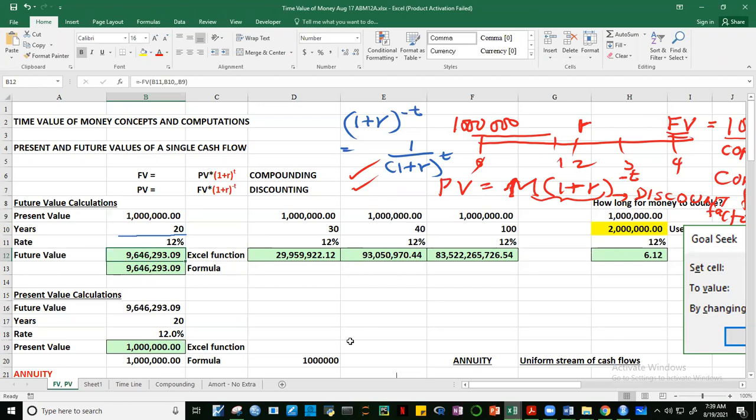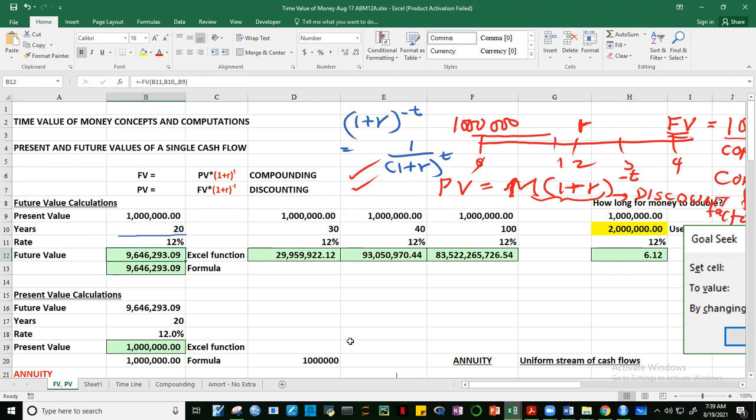Kunyari, tanungin tayo, ano gusto niyo, 1 million ngayon o 9.6 million after 20 years, assuming na 12% interest? Anong sagot natin, guys? It doesn't matter, no? Indifferent tayo, no? Of course, may mga other factors that will come in, no? Other factors such as kung kailangan mo ba ngayon yung pera, no? Kailangan mo na ba ngayon yung 1 million? Okay, so siyempre, kung kailangan mo na ngayon, pwede mo nang piliin yung ngayon, no?